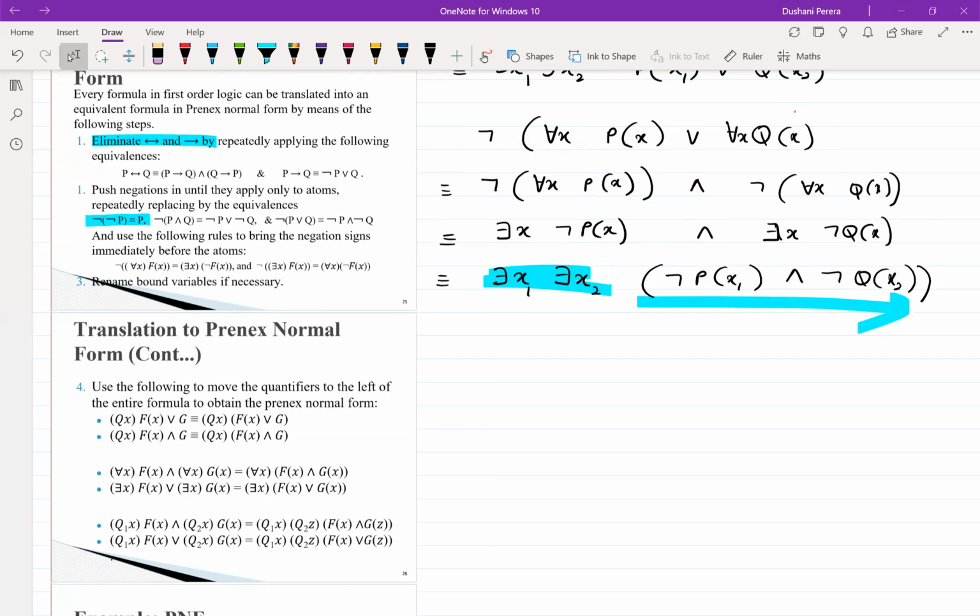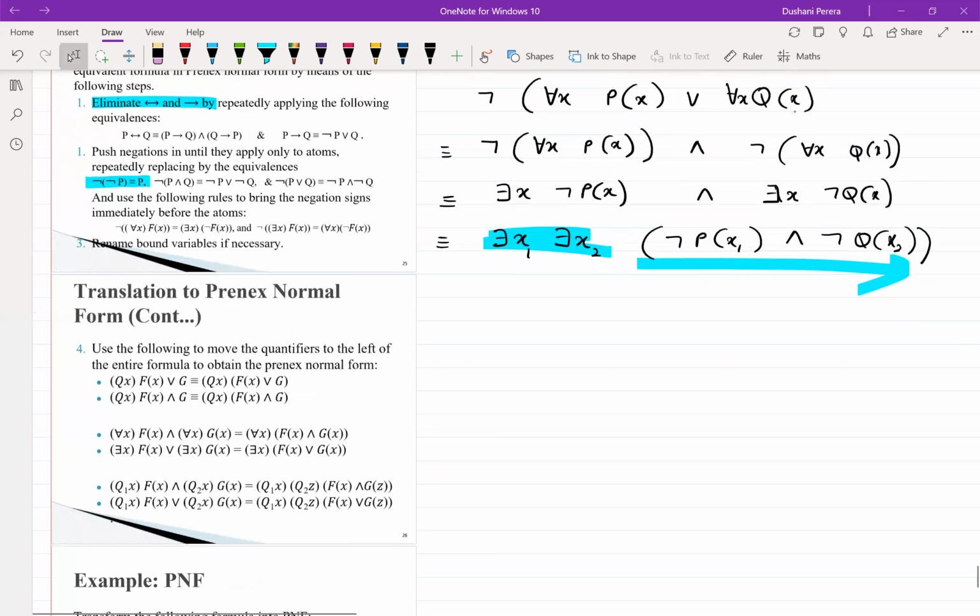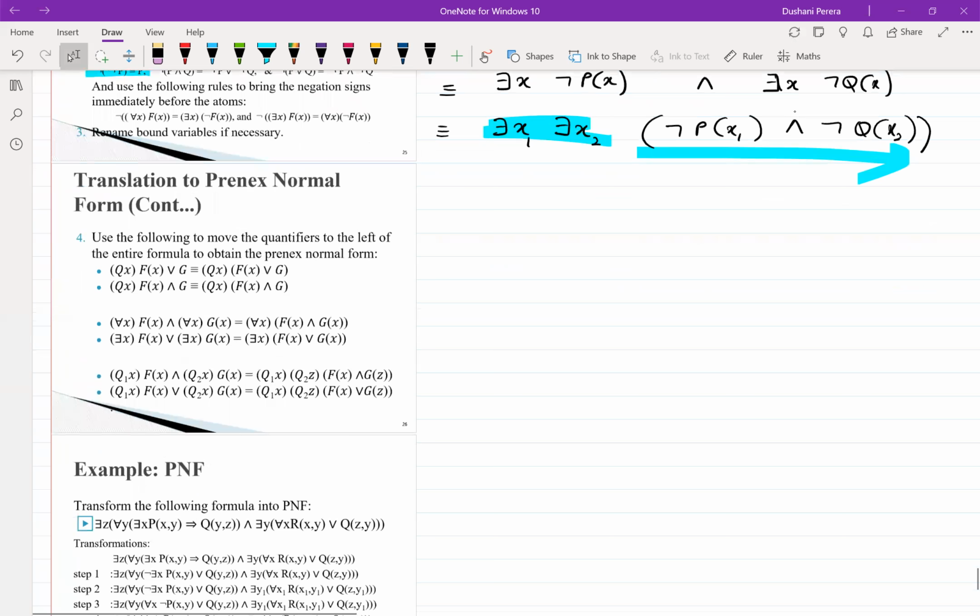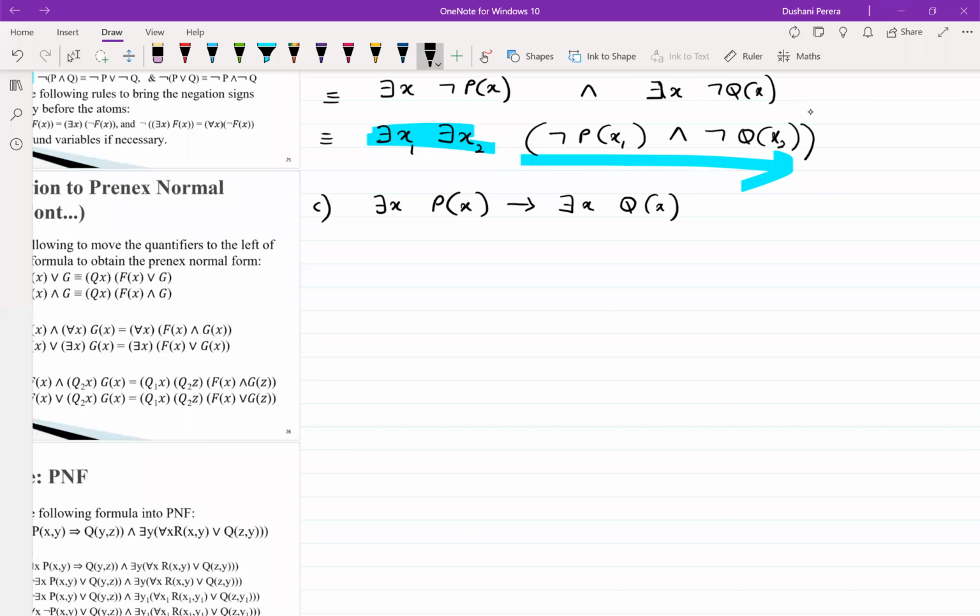Now look at part C. Try part C. So what happens here? Some x P(x), negation of P, or the other part. Now how do I push this inside?